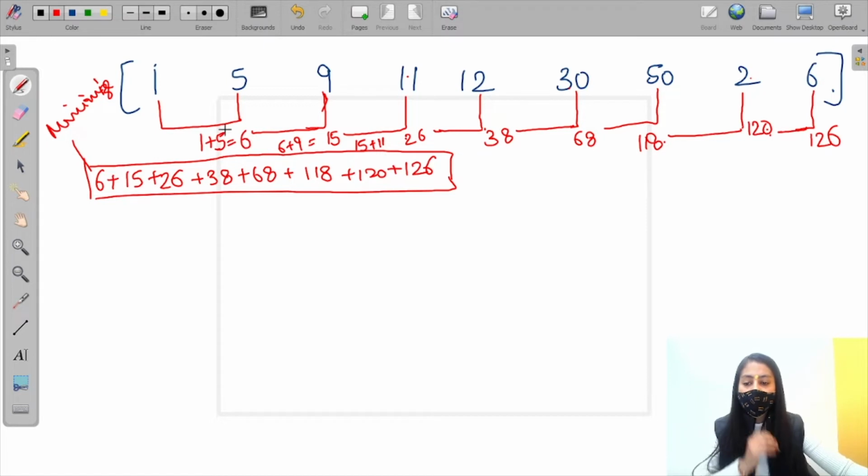For example, now you can see that firstly you are paying a cost of 1 plus 5. Let me change the color of my pen. So you are paying a cost of 1 plus 5. Next, you are combining these three sticks, right? So you are adding this 9 length also to this. So you are paying a cost of total 6 plus 9.